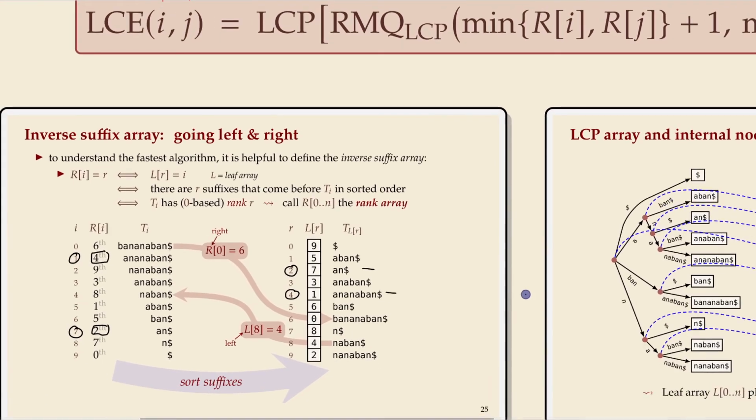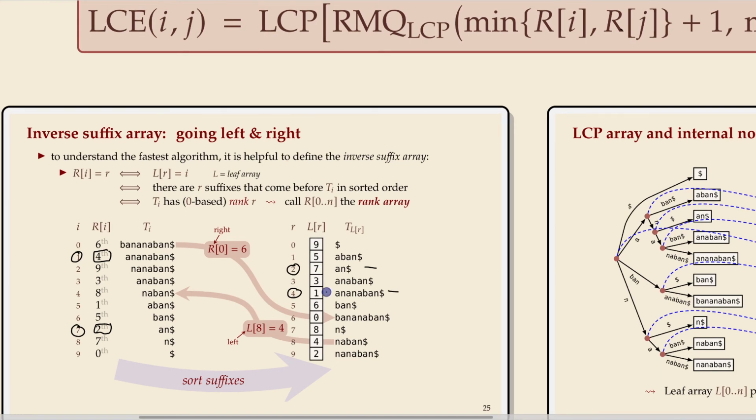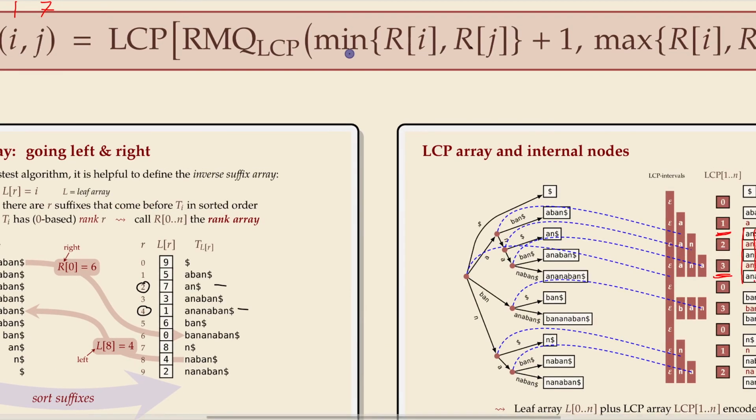That's why we take here the rank array of i and the rank array of j and insert that. And notice that also in this example, even though i was smaller than j, it could happen that r of i is larger than r of j. That's why in this formula above, you need the minimum and maximum.